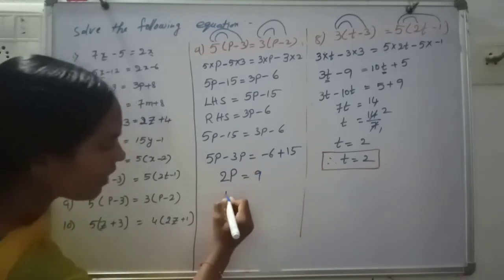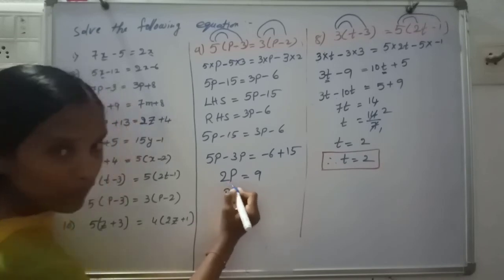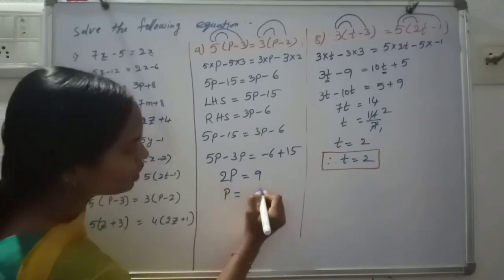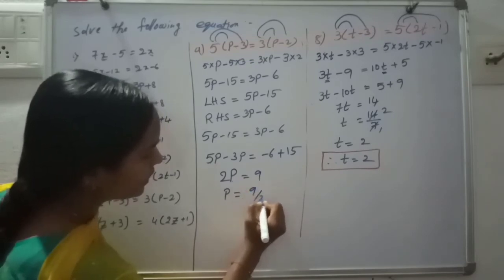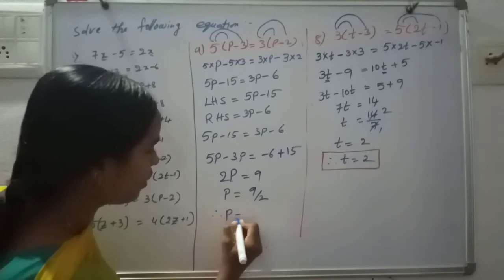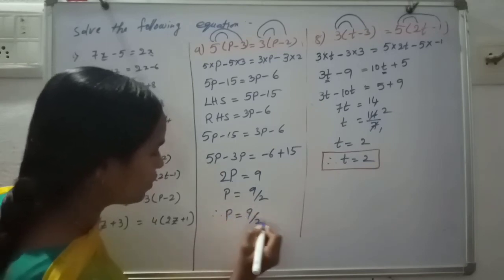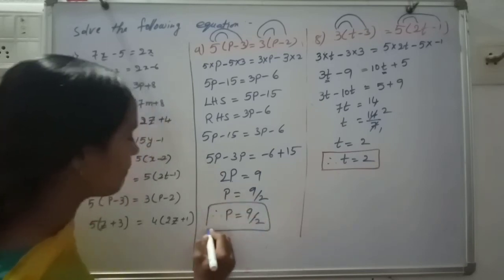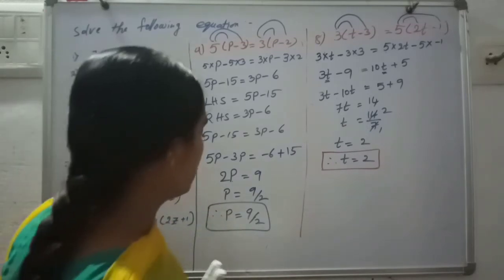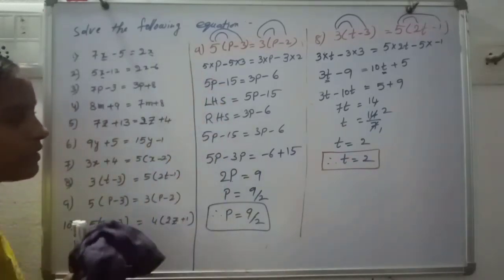So 2p equal to 9, and p equal to 9 by 2. Therefore p equal to 9 by 2. Now the ninth one is completed.